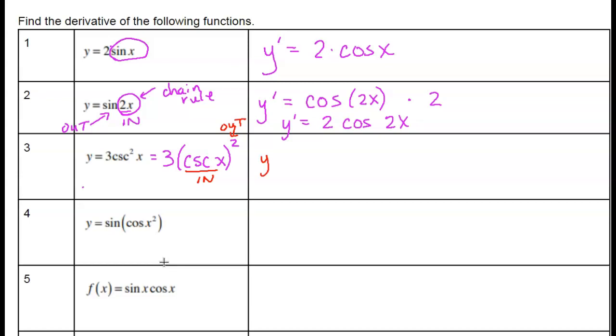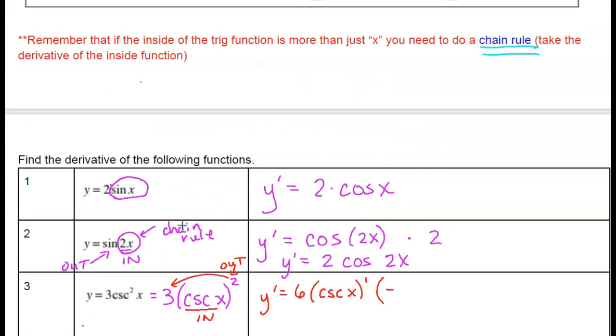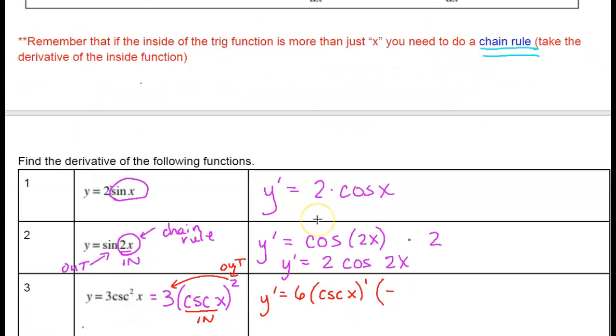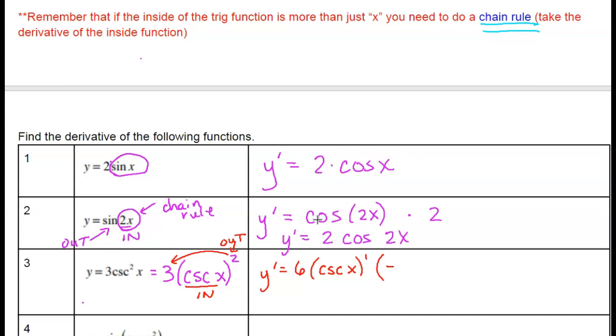So when we do our derivative, we're going to start with the power rule, which means we're going to bring that 3 down with multiplication. The inside stays the same, and we subtract 1. Then we go and we do the derivative of the inside. I already remember that if it starts with a c, my derivative's negative. But until you have these memorized, you might want to refer to this list. So the derivative of cosecant is negative cosecant times cotangent.